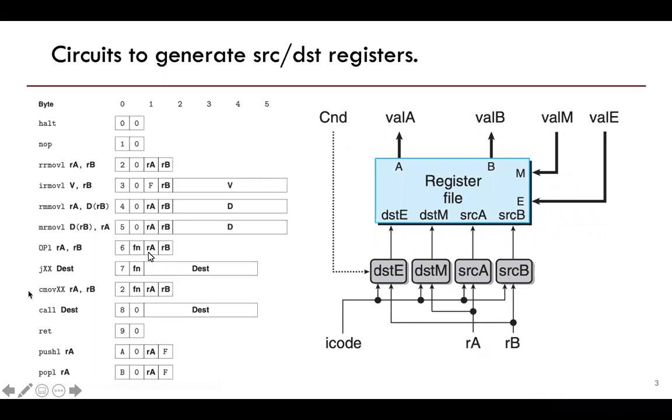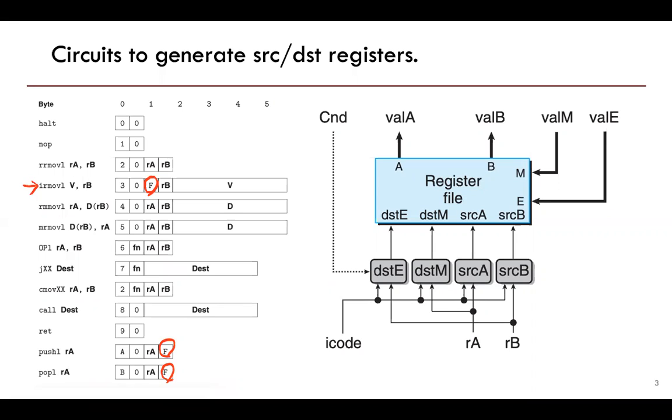Okay, here we have one more figure, the instruction format. We have learned about the value F in the instruction format, and it means that in the fetched instruction, it doesn't have to read the register value of RA if it is an irmovq instruction. We also have other instructions with F, push and pop. These two instructions don't have to read the register value of RB.